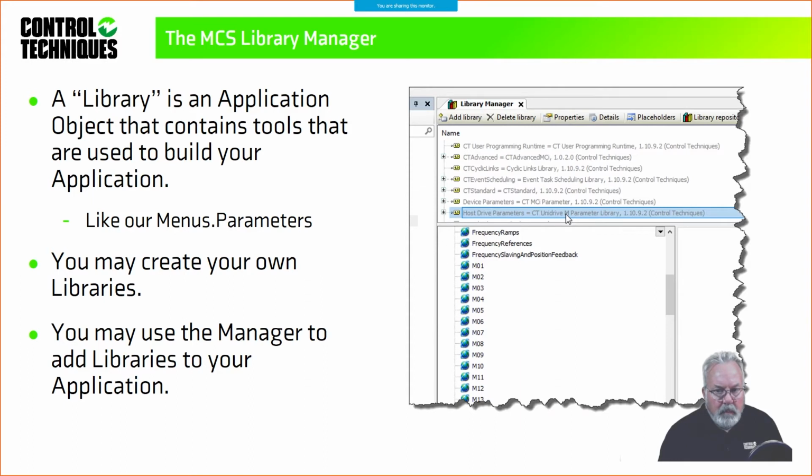If you're an OEM, or if you work on machines or develop machines, kind of like Shorewood over there, Jack, what you can do is build your own libraries that contain function blocks, functions, POUs, any kind of POU that you have created.